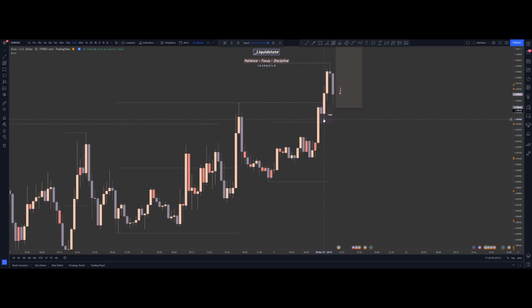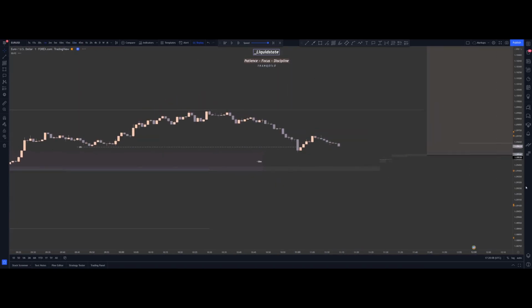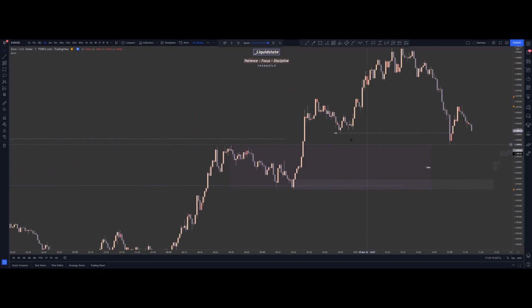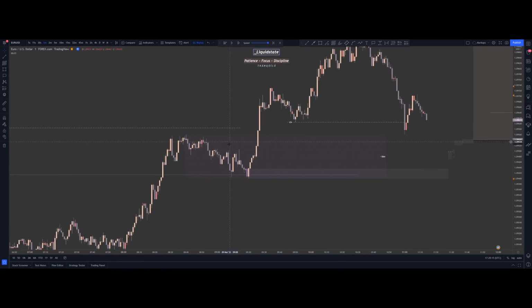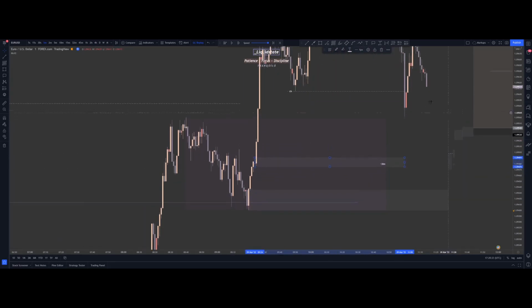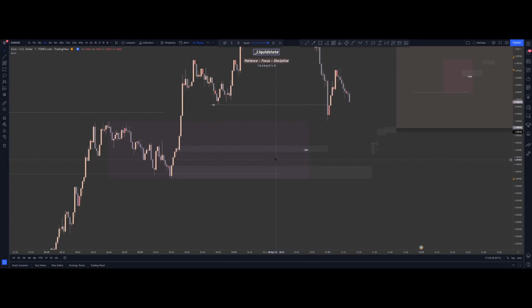We flipped, took the high out, and then this becomes our new POI to trade off. This is the previous high going up here. Within that we've got this POI as a refinement, and this one at the bottom, which just about gets engulfed. So yeah, those two are pretty clean.